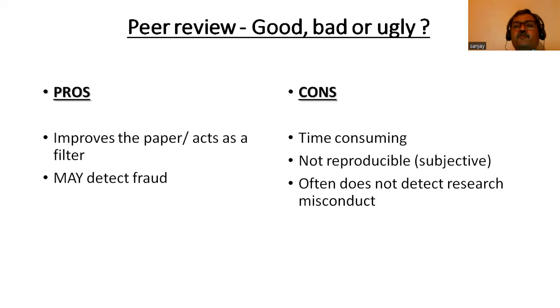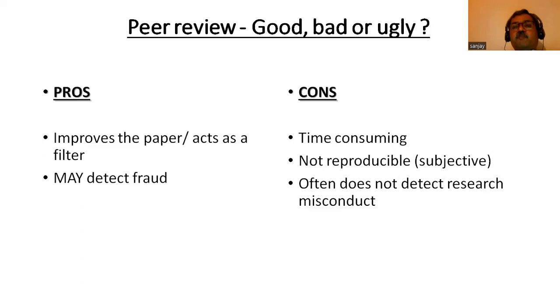The cons, of course, on the other hand, are that it is time consuming, because after all, the author sends the paper to the journal, the editor sends it out for refereeing, and the referee takes anywhere from 3 weeks to, well, sometimes even 6 months to referee the paper, and so it's time consuming. A major issue that has been pointed out is that peer review is not reproducible.